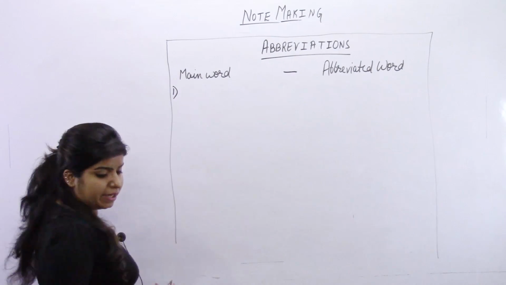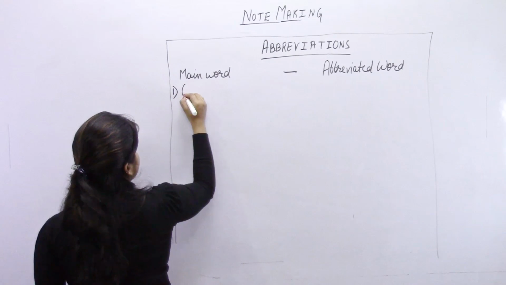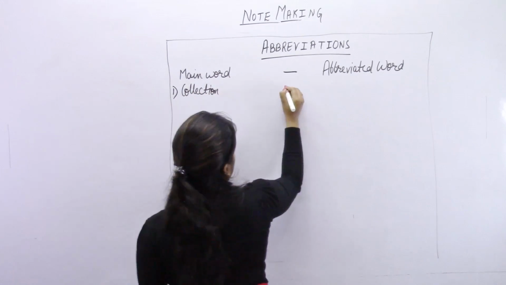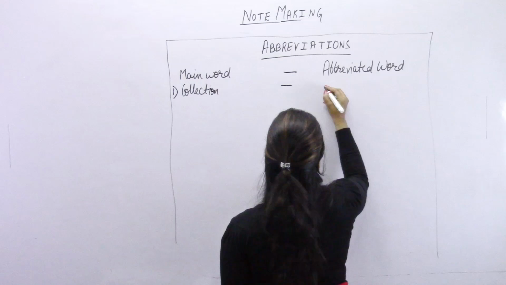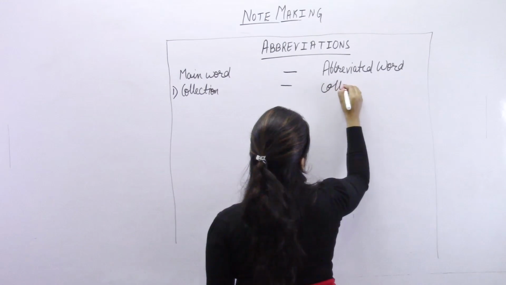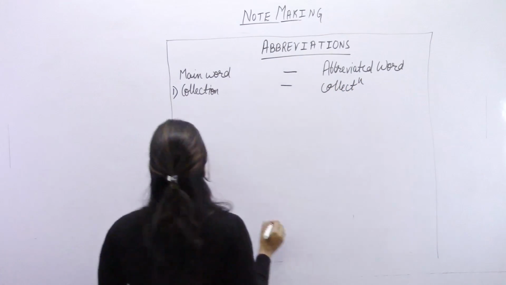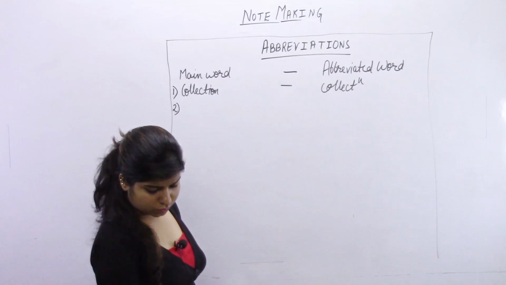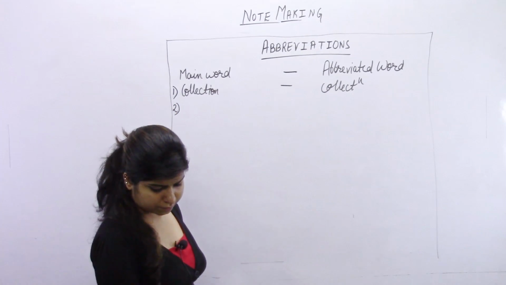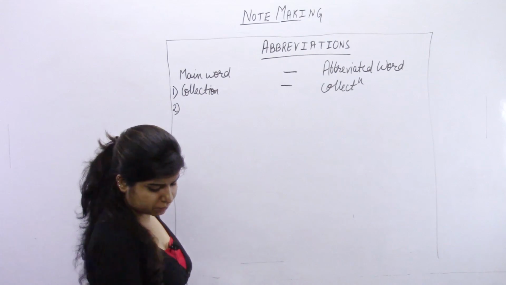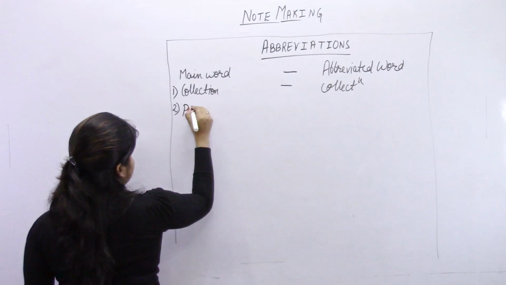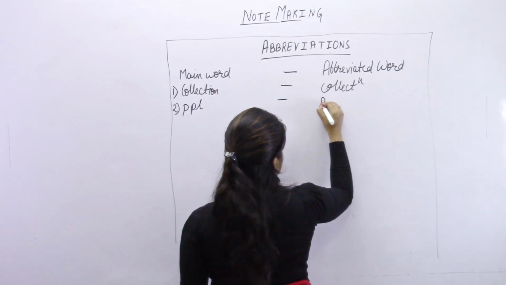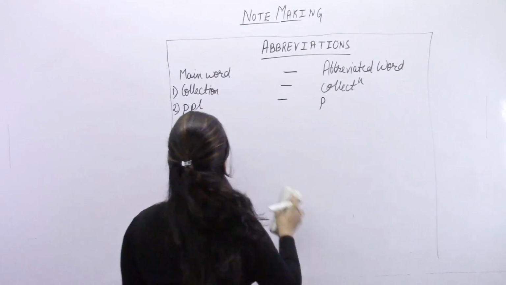For the first, what we did over here was collection. We'll underline it, give it a hyphen, and then the abbreviated word. Secondly, we used people.